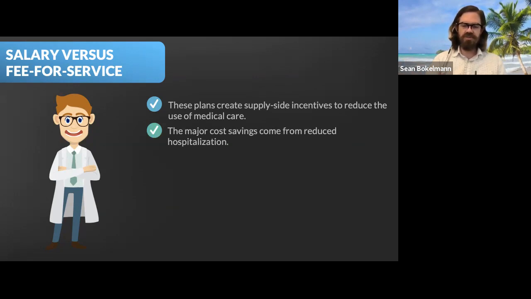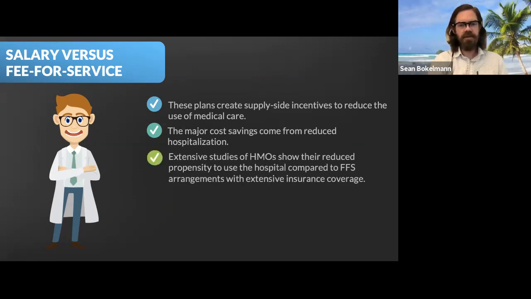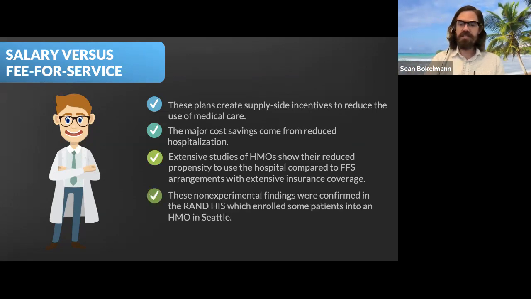Hospitalization is a really expensive part of care, and that's where most of the cost savings come from, reducing hospitalizations. And that's pretty well documented in the empirical evidence. So many studies have shown how HMOs can reduce the propensity to use hospital care compared to fee-for-service arrangements.